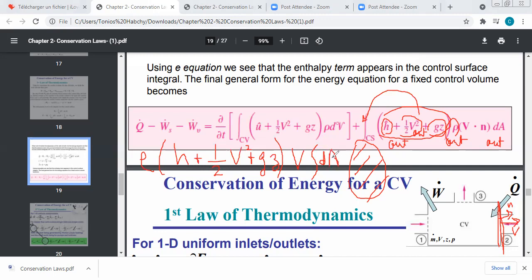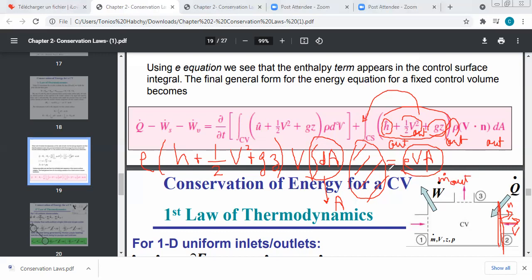Now, what is integral dA? Integral dA is the area of the cross-section we are considering, of the outlet. So now what do I obtain? I obtain rho times V times A, and this is m dot at the outlet.